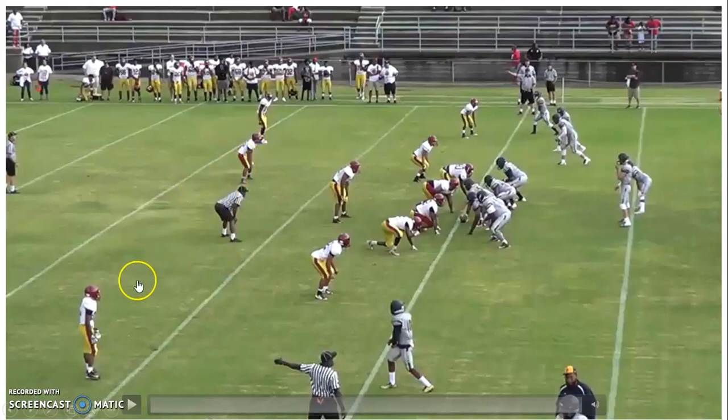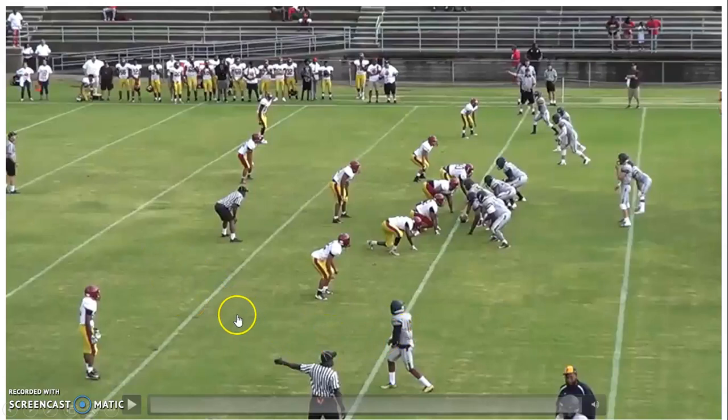So this leaves all this grass back here between the umpire and the back judge for this single receiver to work. This is our best receiver. We put him in a one-on-one situation. The quarterback recognizes it. We don't have the play called here. This is a different play than what we've been talking about to the trips, but this is the one-on-one situation that we're looking for.